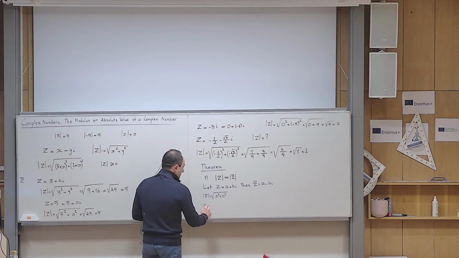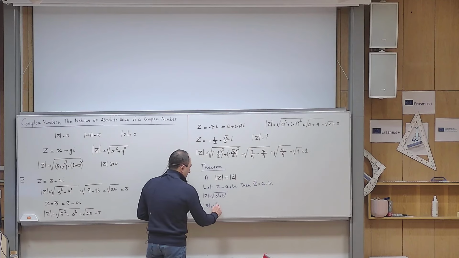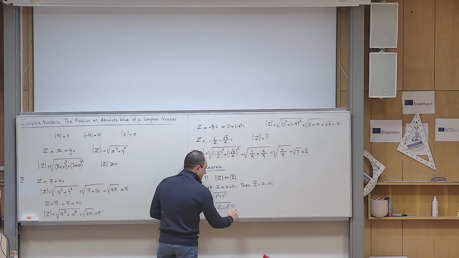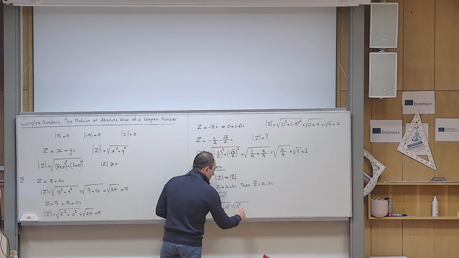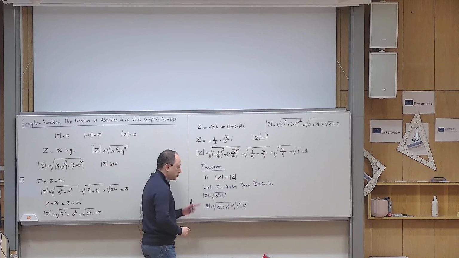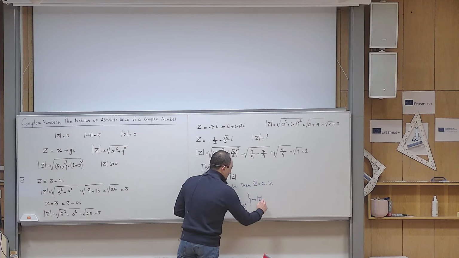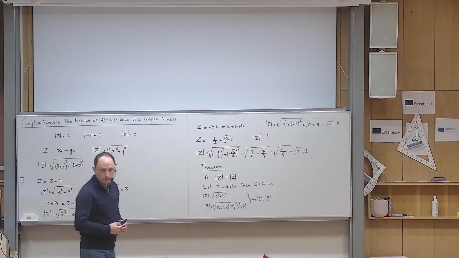The absolute value of z bar is the square root of what? a squared plus minus b squared. But of course, because of the power 2, this becomes exactly the same. So from these two, I can conclude that the absolute value of z is always equal to the absolute value of z bar. It was very simple.